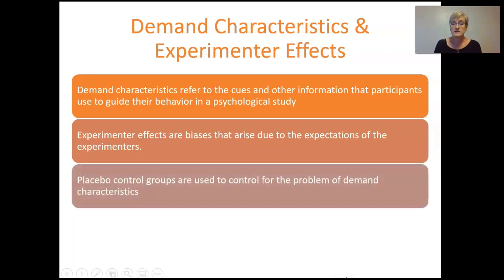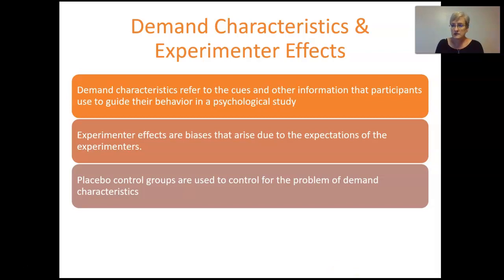This is one reason that in lots of research, it's a little more common in clinical research and in medical research, but it's also found in some other kinds of research design, that we want to have what are called placebo control groups. Obviously, the label there comes from medical research where you're testing the effectiveness of drugs, and your control group is given a placebo.